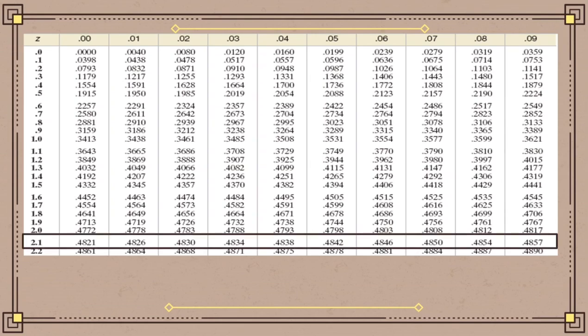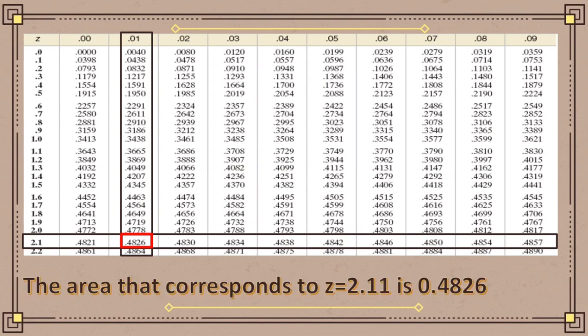And then after that, get the last number which is 1. Now, let's align 2.1 to 1. The intersection of 2.1 and 1 will be our area that corresponds to 2.11, and that is 0.4826. So the area that corresponds to z equals 2.11 is 0.4826.